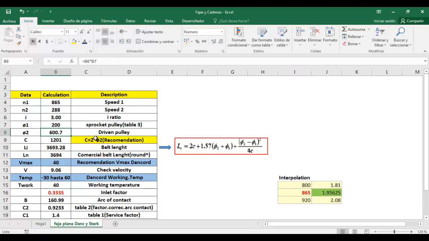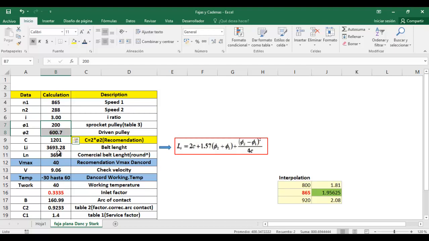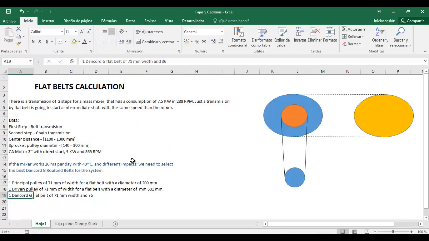And for our second, this is the same information that I have here. To finish, I have one flat belt. Well, no. One Dancor G flat belt of 71 millimeters width on 360 here. 394. 360, I remember.